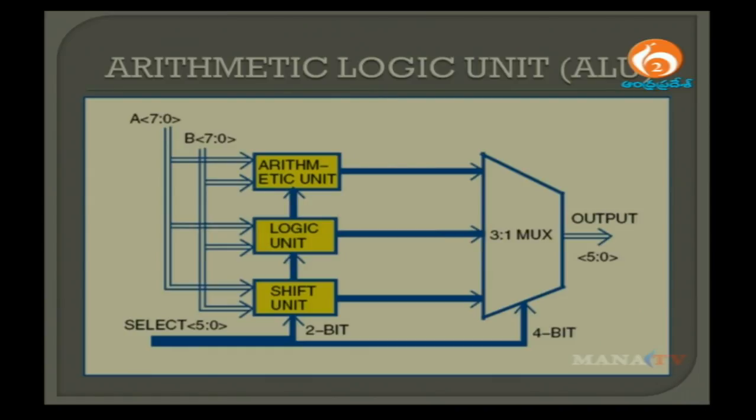The same with the B 7:0, but if you can see down, we have the output divided as the 2-bit and the 4-bit. So this is the basic information diagram of the arithmetic logic unit.